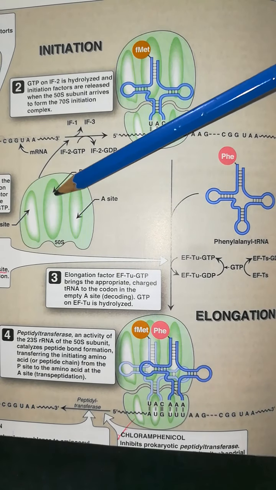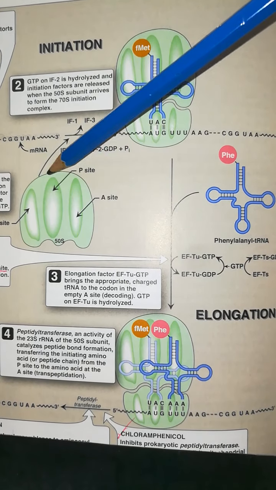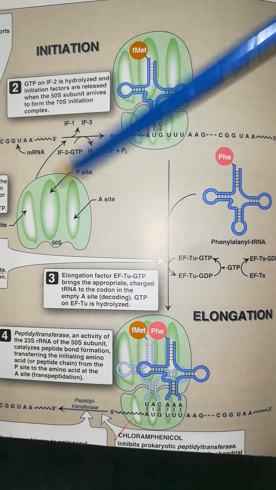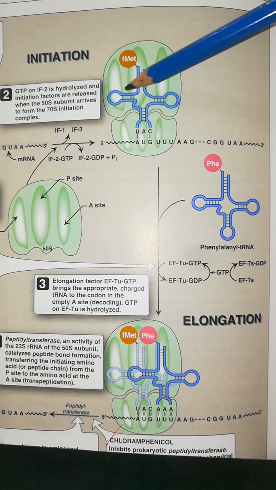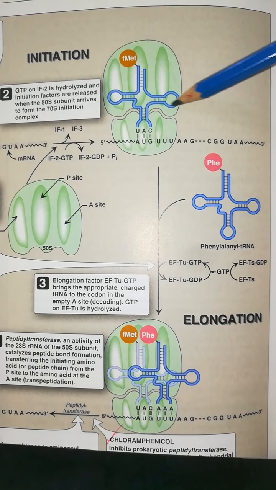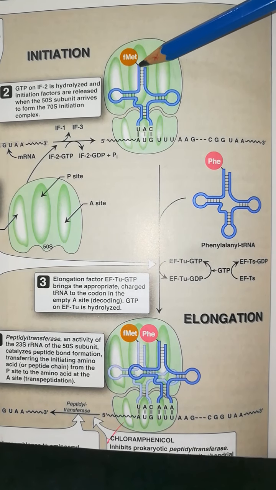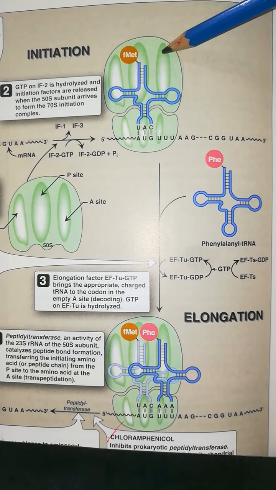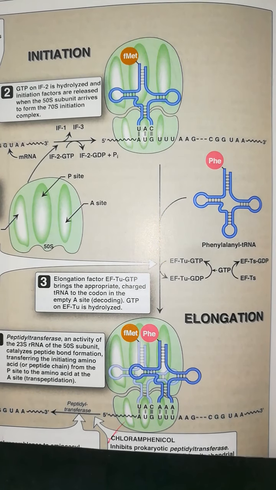Here you follow the P site, A site, and E site. When the large ribosomal subunit comes to this site, the P site is occupied by the tRNA. This one is the P site. The A site is empty, the E site also empty.